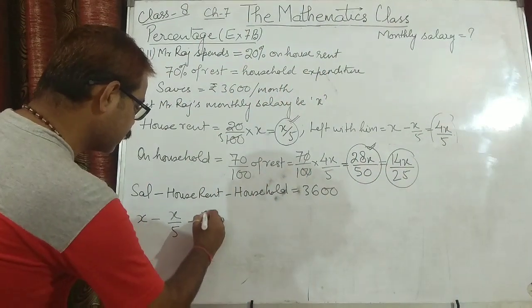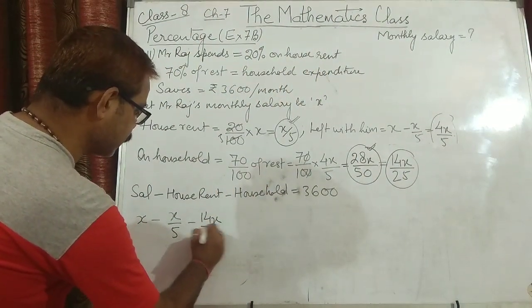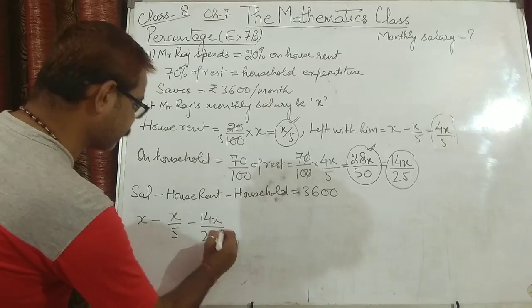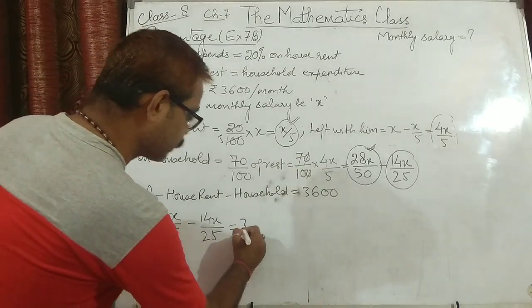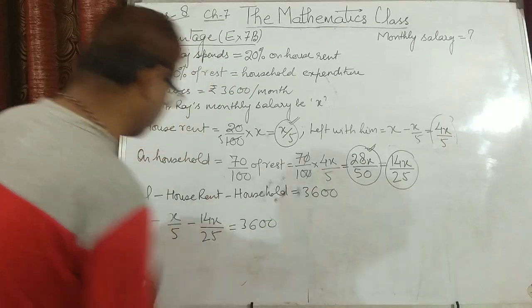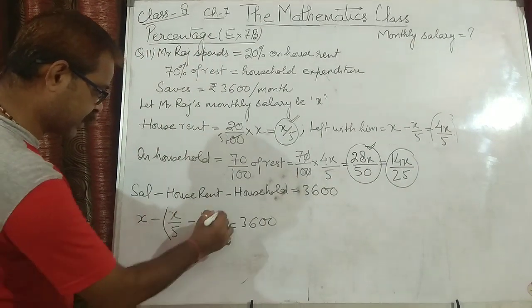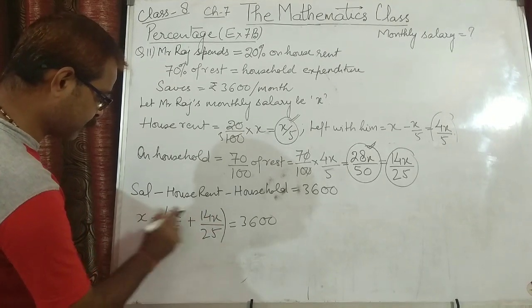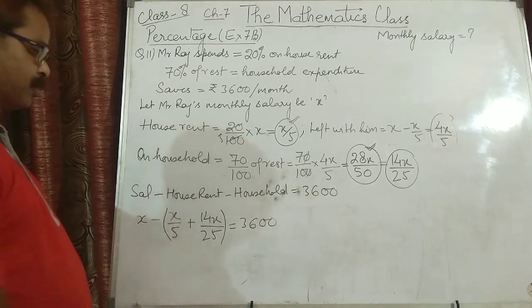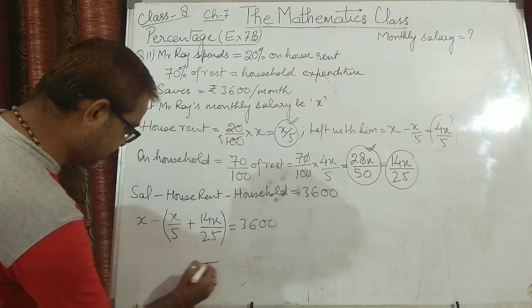So minus 14x upon 25 is equal to 3,600 rupees. If I take minus common from this we can put a bracket. This will become positive as well as this will become positive. Now we take the LCM.